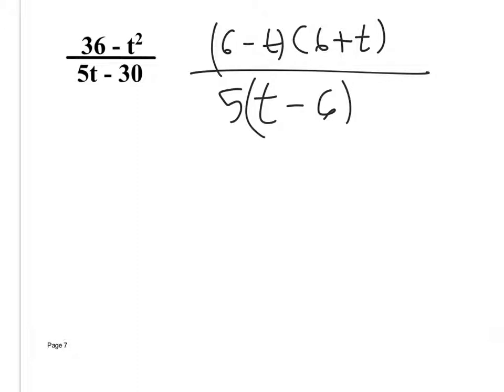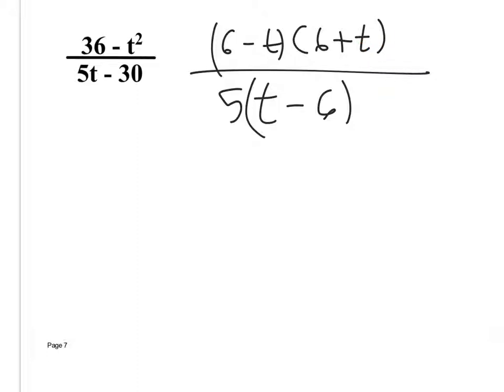Do I have anything that cancels? What does t minus 6 cancel with? No, nothing. Well, it does cancel with 6 minus t, but you have to force it to cancel. It doesn't cancel with 6 minus t or 6 plus t.